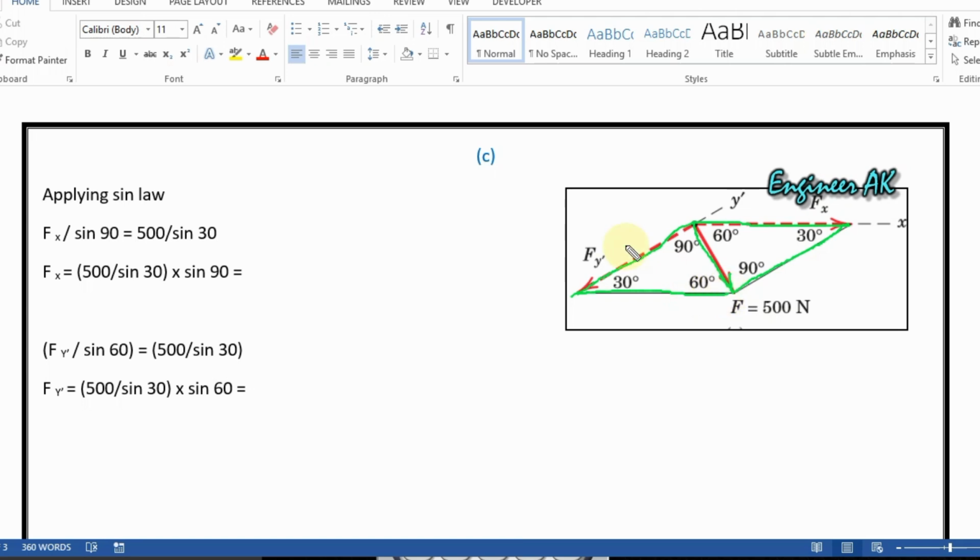You can see that this line and this line are parallel, and this line and this line are parallel, so it is making a parallelogram. And we have already found that this angle comes out to be 60 degrees, right? And this angle is 30.